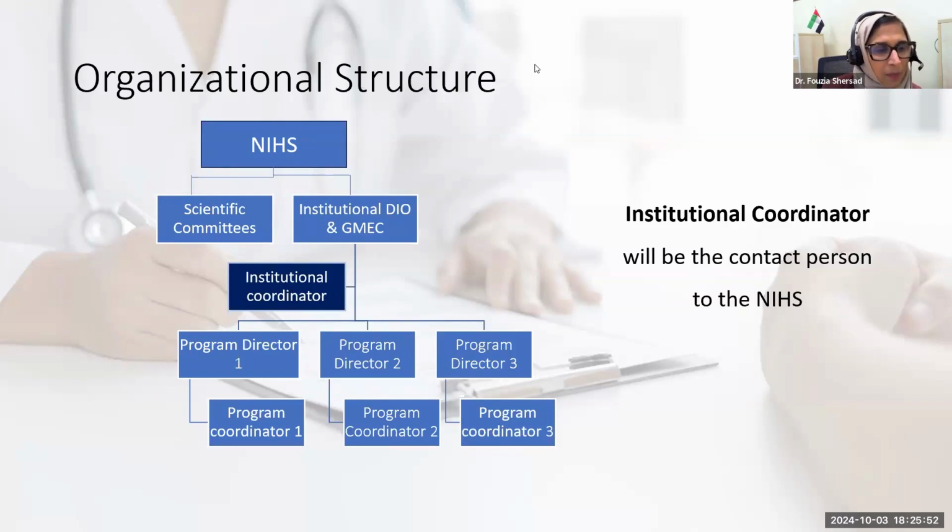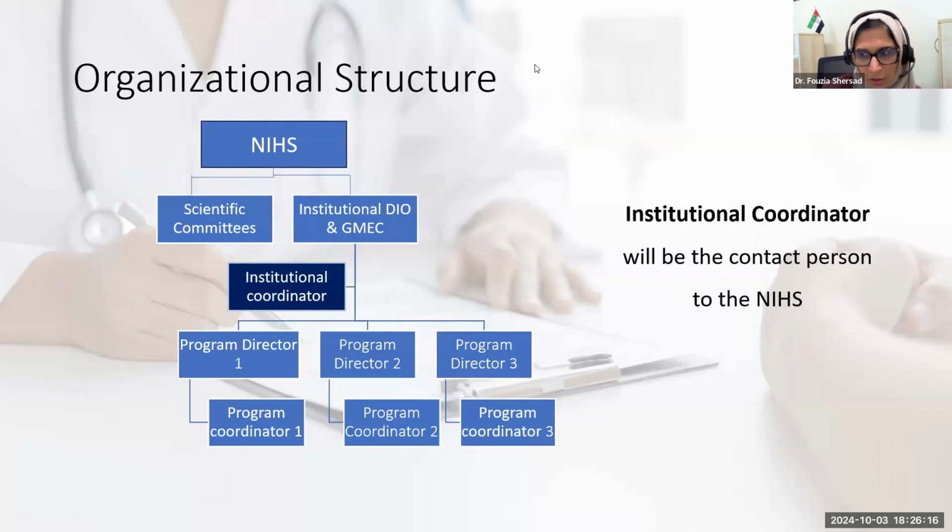The most important members for the implementation of the EPAs will be the program directors. The program directors and their assistants will be the ones taking the brunt of the responsibility of implementing the EPAs among the trainees.